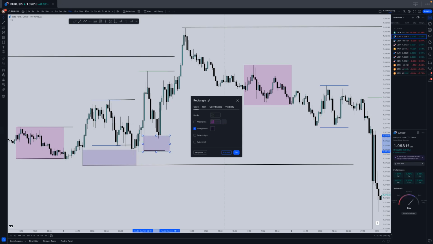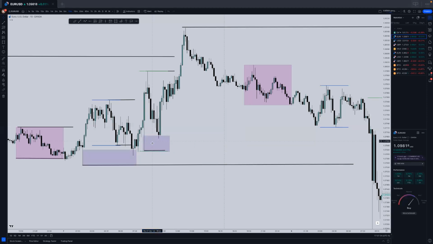It's an external liquidity plus probably session liquidity or previous day liquidity. External liquidity alone is good, but having it as a confluence with another type of liquidity makes it much stronger. Then I can buy from here. This is the type of thing that happened here.